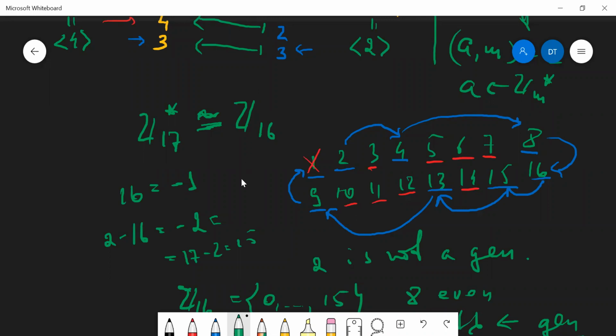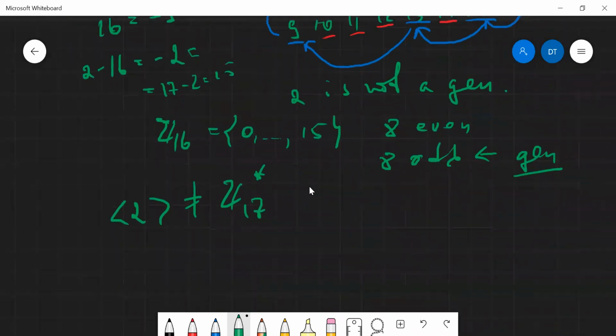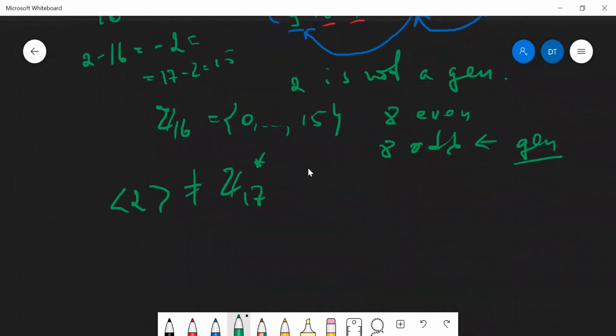Yeah, I understood that. But how did you count the number of generators in the Z16? Okay. So as I already mentioned, an element A here is a generator if and only if A is co-prime with 16.